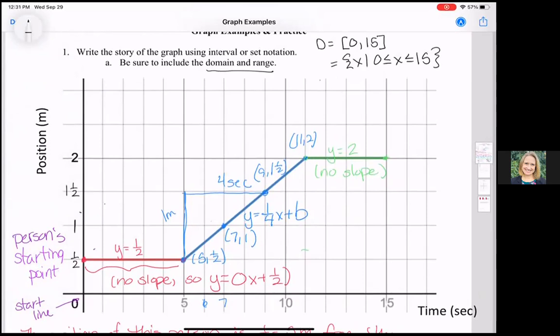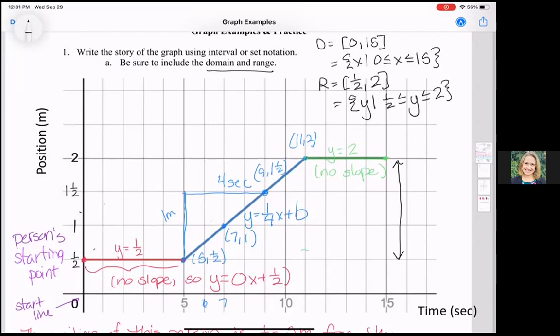For the range, we could write, we start at positive 1/2 and we end at, well, not at 1, but at 2, right? This is our range. We start there, we go from there to there. Or we can say the set of all y such that 1/2 is less than or equal to y is less than or equal to 2.